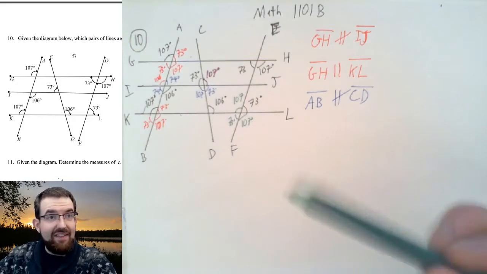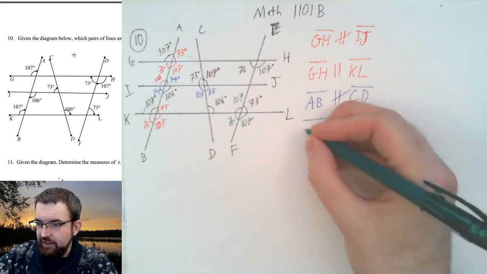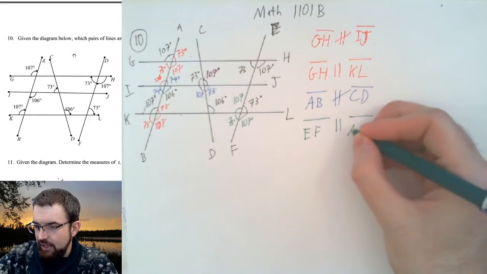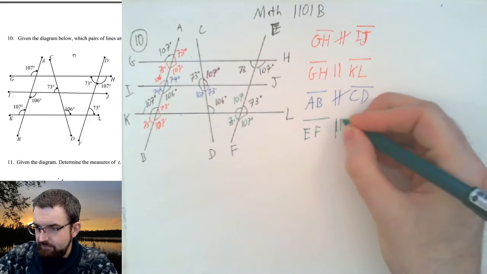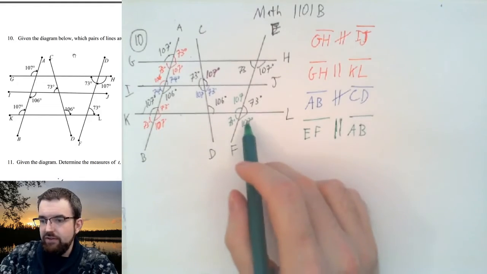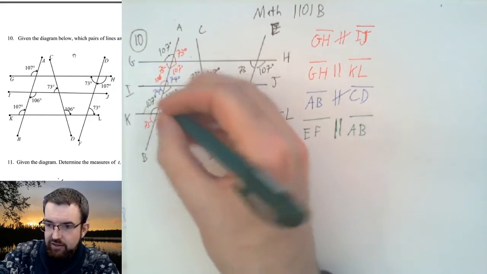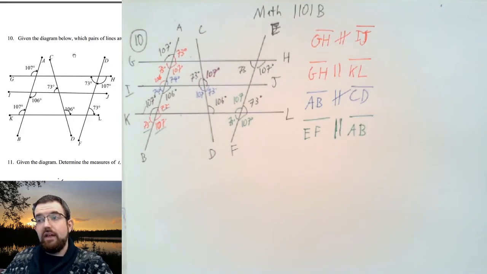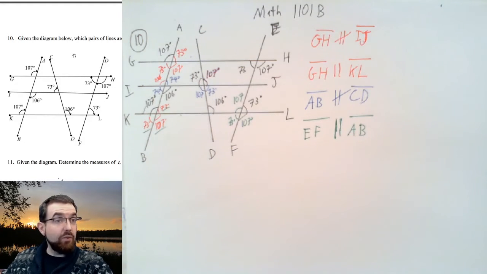So because of that, this tells us that line EF is parallel to line AB. The green ones that I've done here and these ones over here will tell us that those ones are going to be parallel as well.